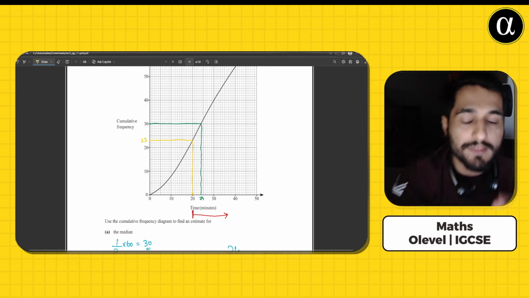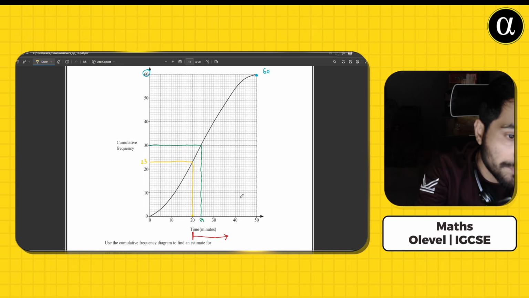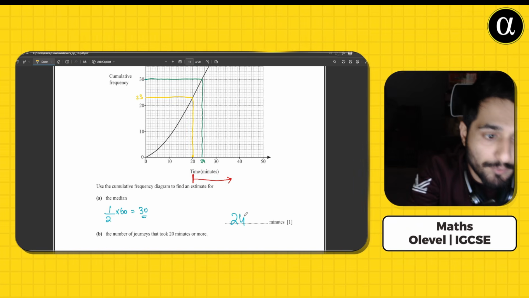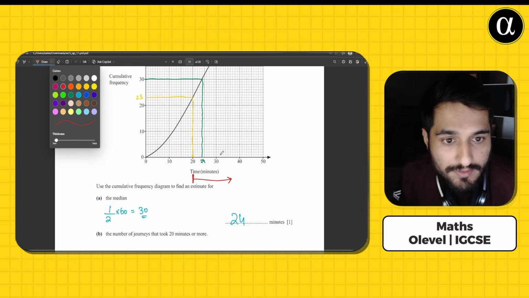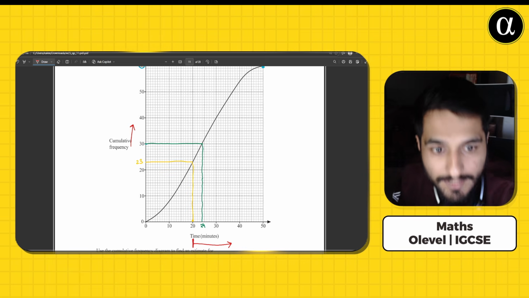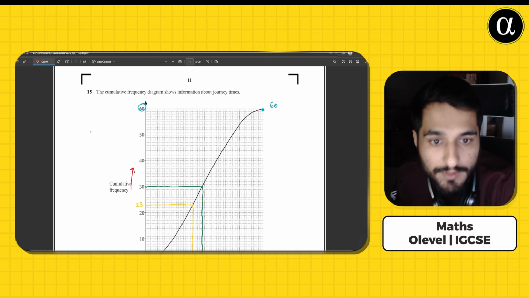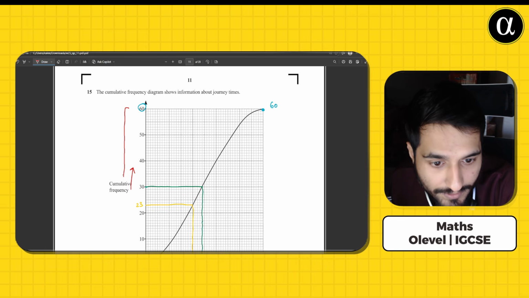But keep in mind, this is not my answer. Why? Because we were supposed to find the data for greater than 20 minutes. So greater than 20 minutes on this axis represents greater than 23 for this case. I mean the data that is over here. So now we basically need to find this data set. Now how do you find this data set?